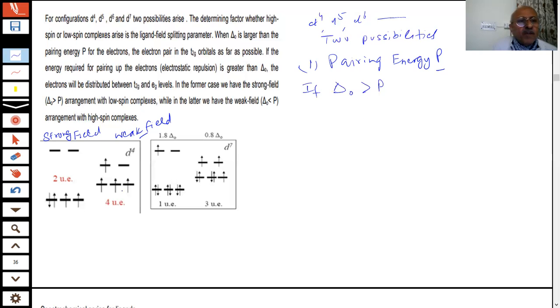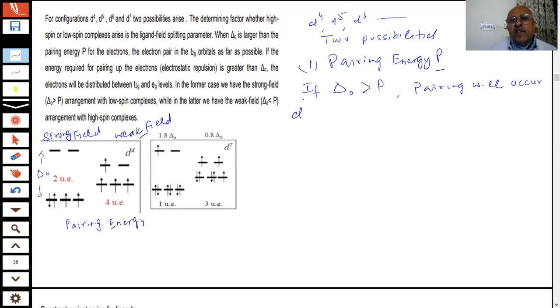In such a case, where this splitting energy delta o is more and there is a pairing energy, two things are involved now. If delta o is more than pairing energy, then pairing will take place.